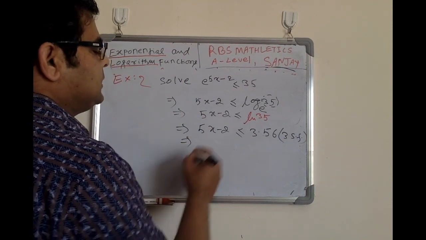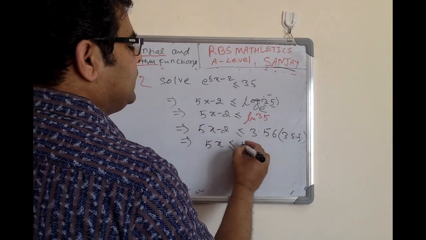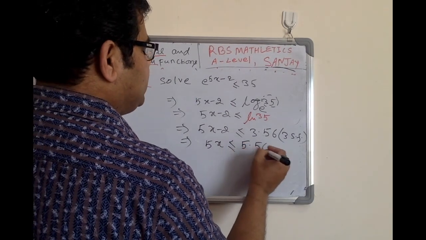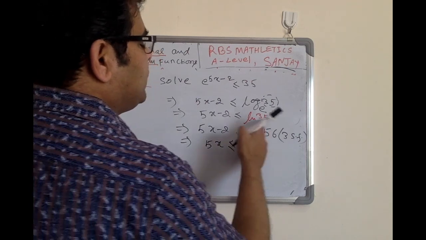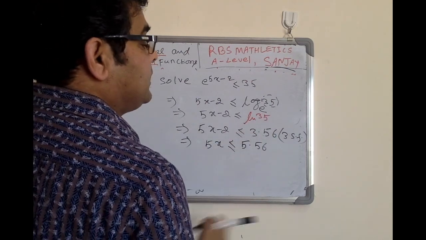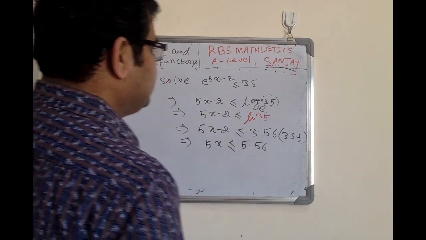In that case, 5x is less than or equal to, if you add 2, 5.56. 2 plus 3 is 5, and 5.56, if I have calculated this value correctly in the calculator; you can also check whether or not my calculation is correct.